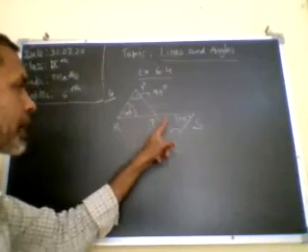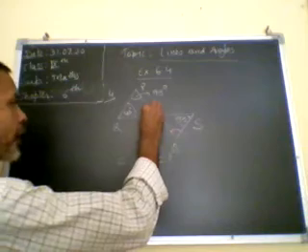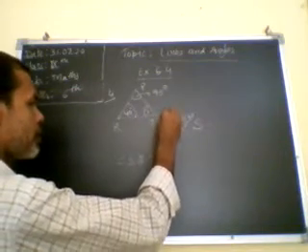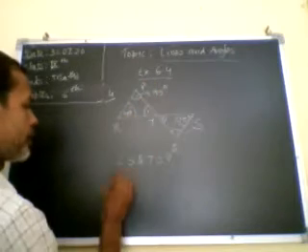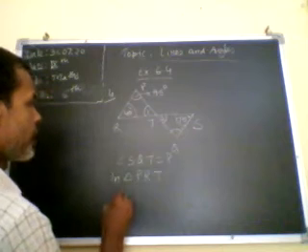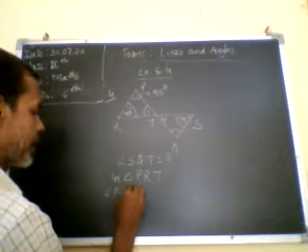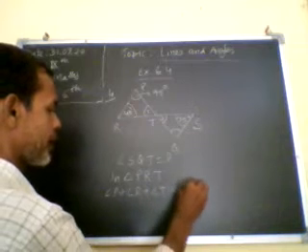It means these angles are vertically opposite angles. So first we have to find 1 and 2. So consider the triangle PRT. In triangle PRT, angle P plus angle R plus angle T is 180 degree.